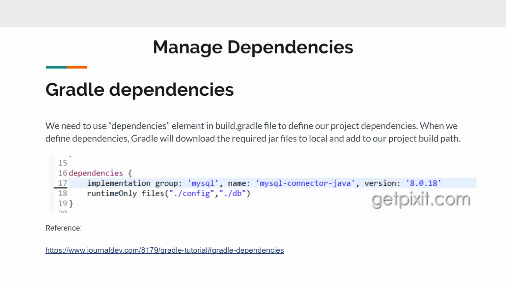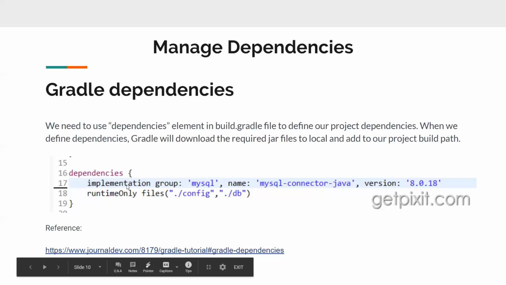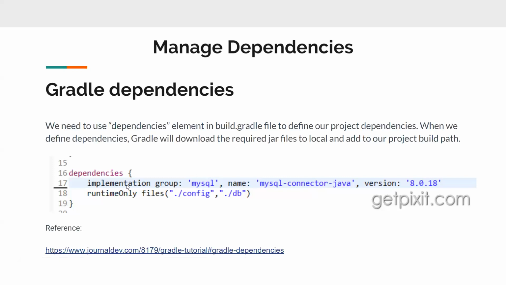Which will be used, apply plugin Java or apply plugin Java library? Which is the default? In that case, by default it will use Java only, but it will not apply the API support. Java library plugin is not the default one, right? Yeah. Okay, thanks.